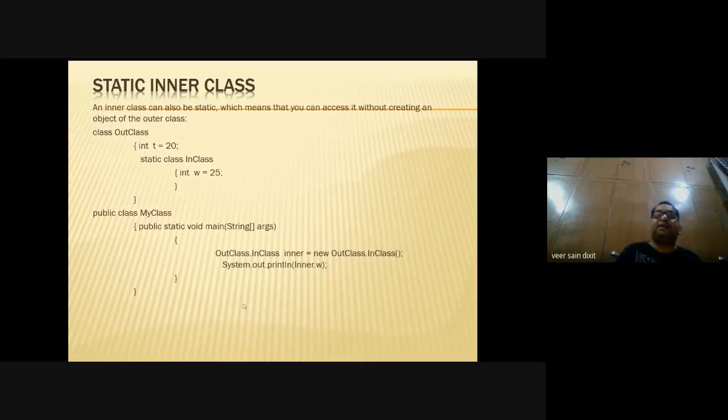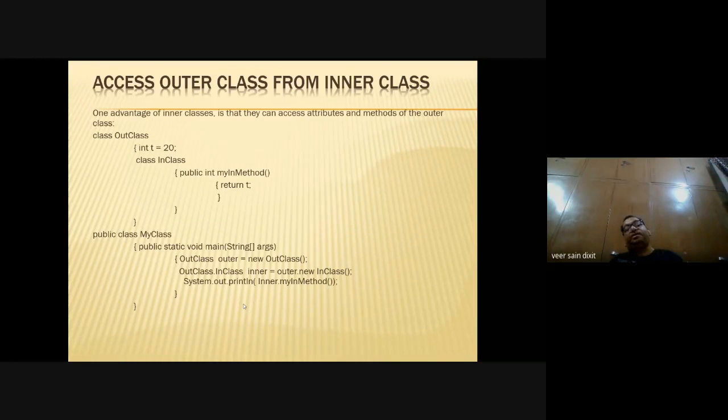Now let's see with the help of another example, that is accessing the outer class from the inner class. This is another utility where you can access the variables and methods of the outer class from the inner class. What is the application here?